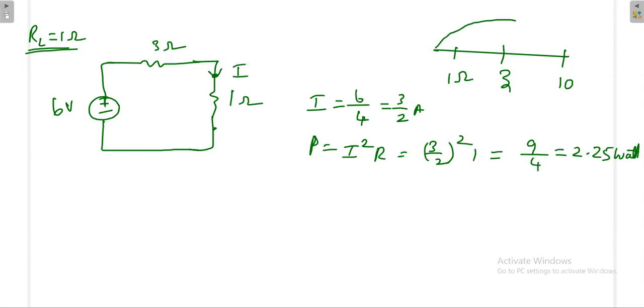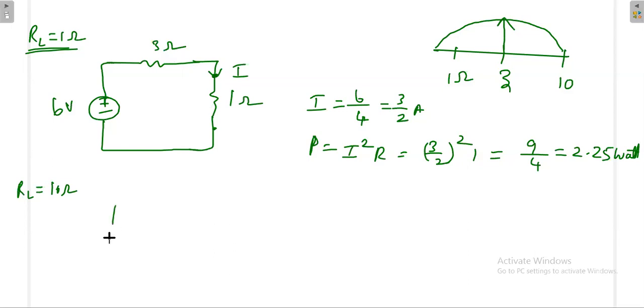If this is maximum, then if you put any other resistance, the power will be less. Take 10 ohm, no problem.